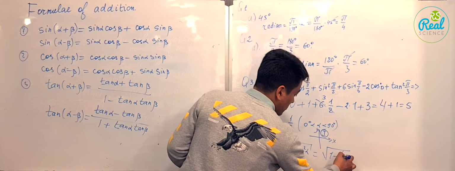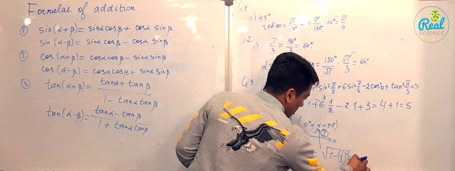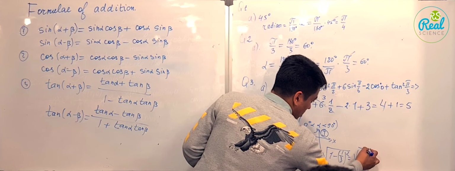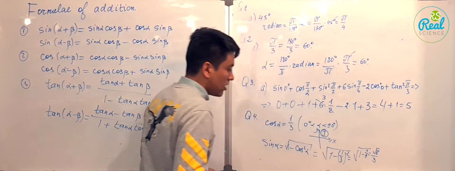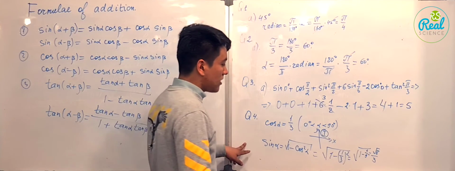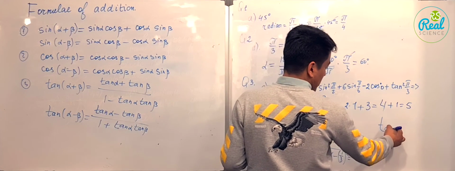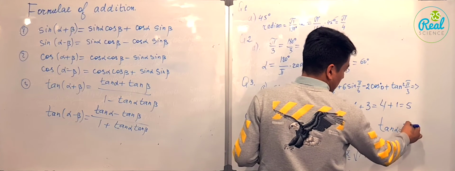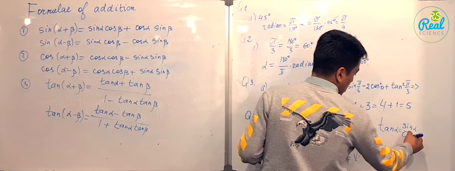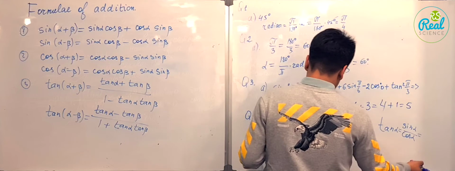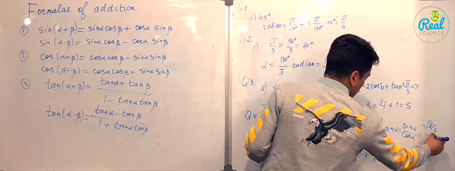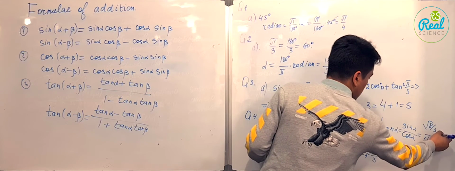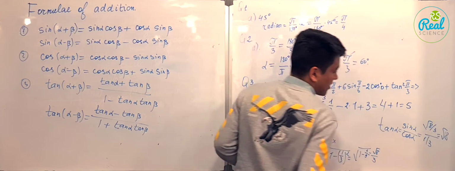If the value is 1/3, it's going to be 1/9, and the answer is like this. That's sine. To find tangent, it's sine alpha over cosine alpha. If sine alpha is like this and cosine alpha like this, in this case tangent is this one.